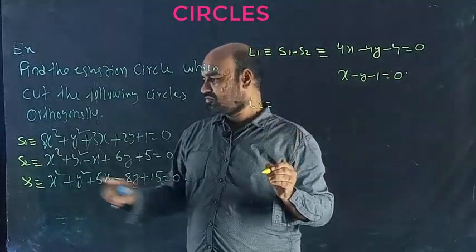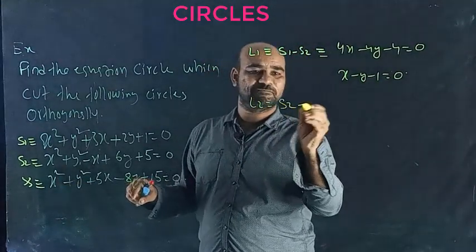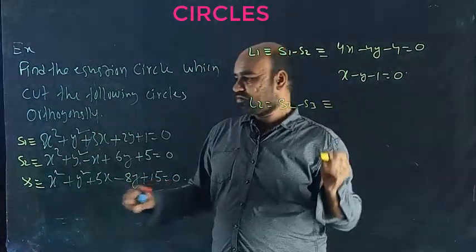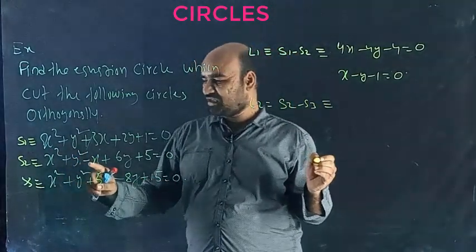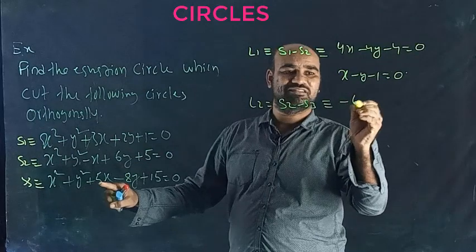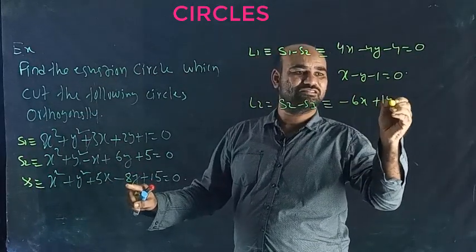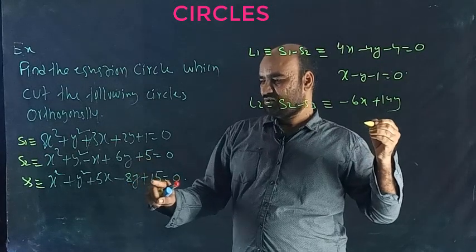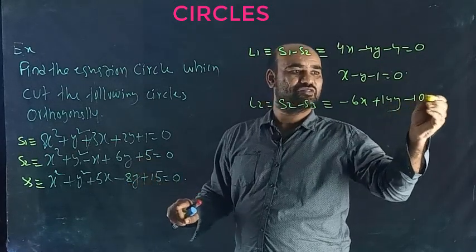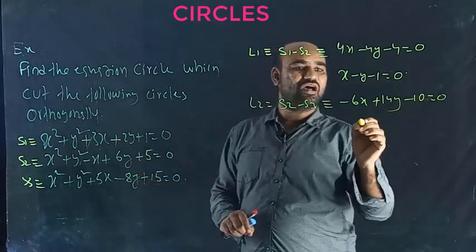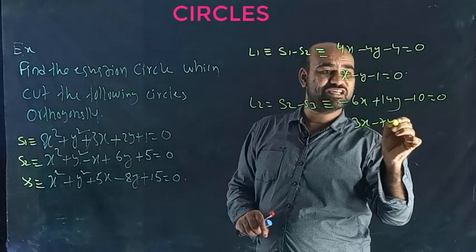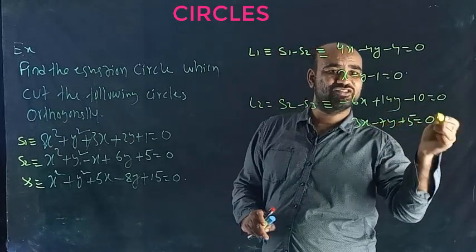For L2, I will take S2 minus S3, which gives minus 6x plus 14y minus 10 equal to 0, or 3x minus 7y plus 5 equal to 0.